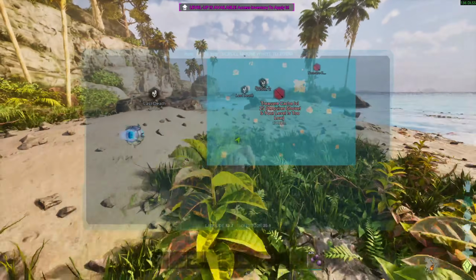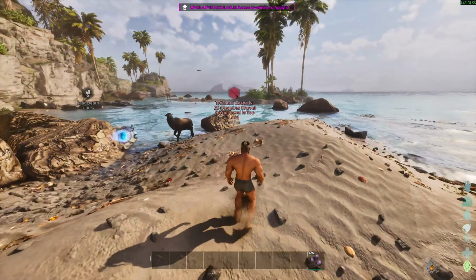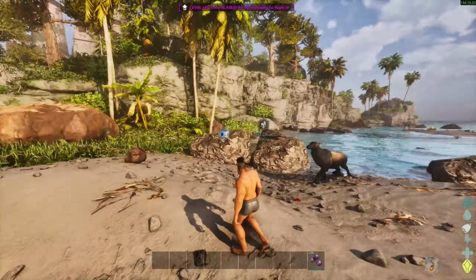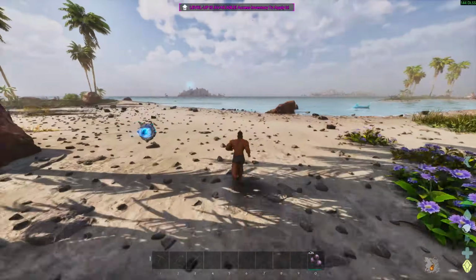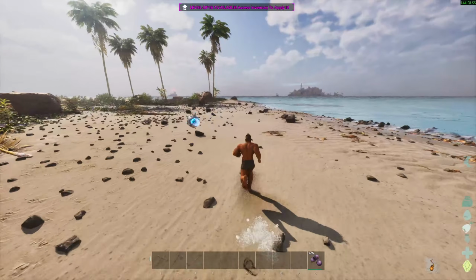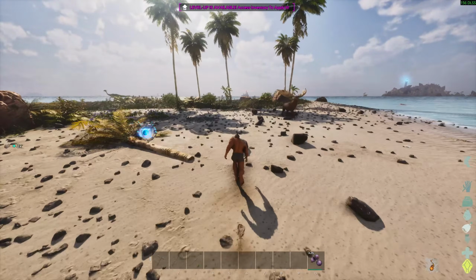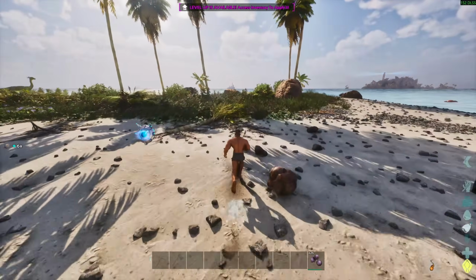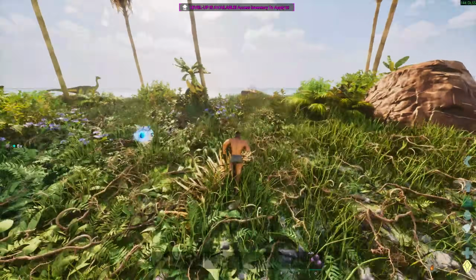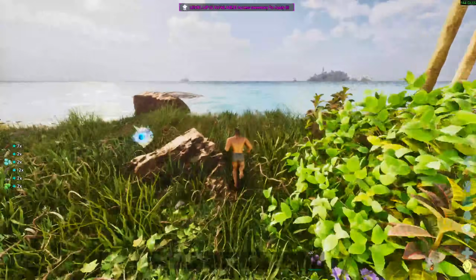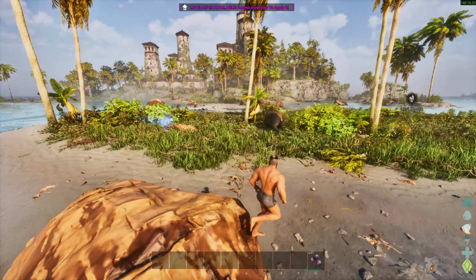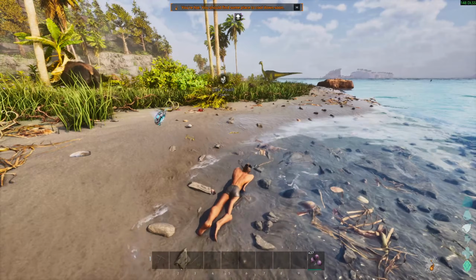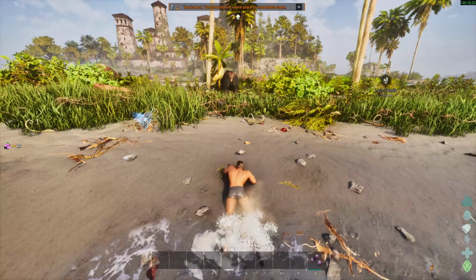Where the hell? Damn, that's way over there. Those things are still coming after me? What the heck? I want to look at something real quick.